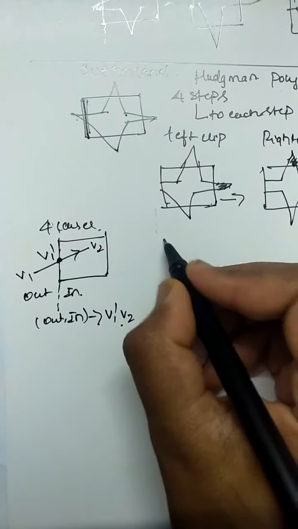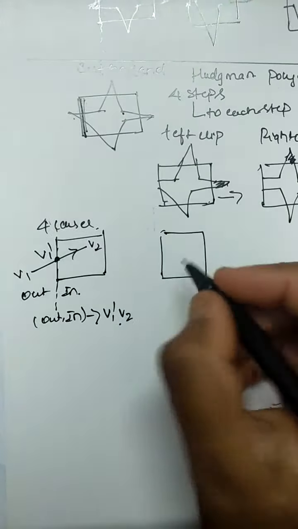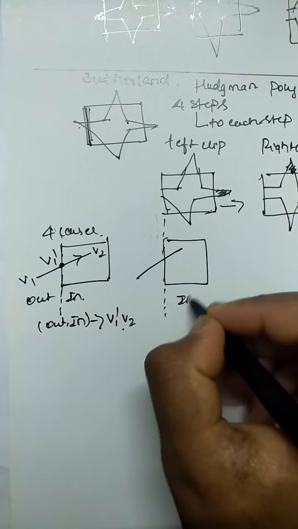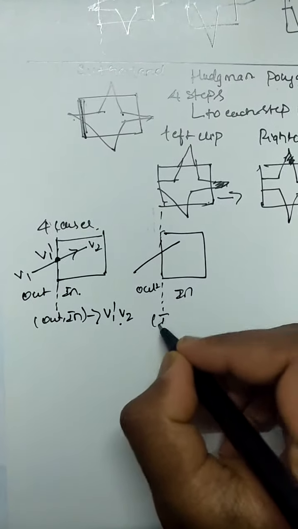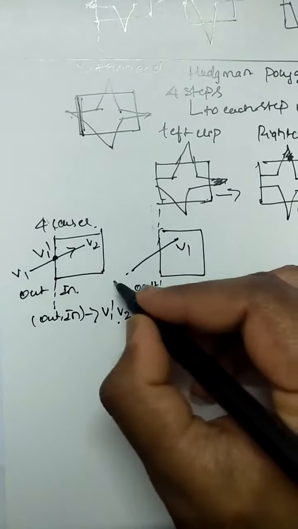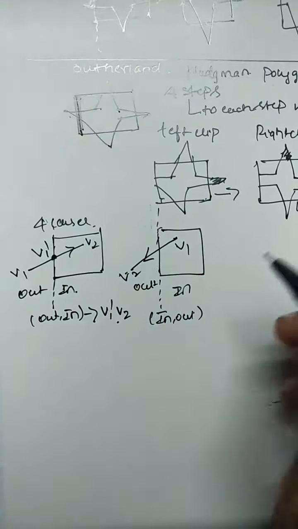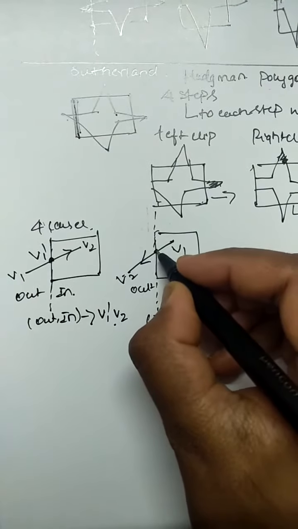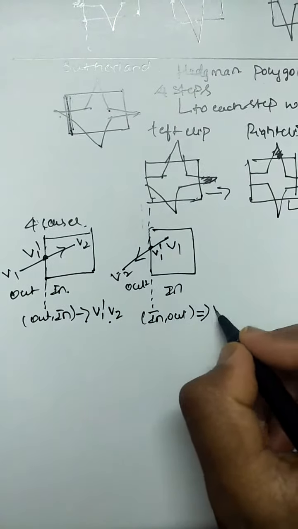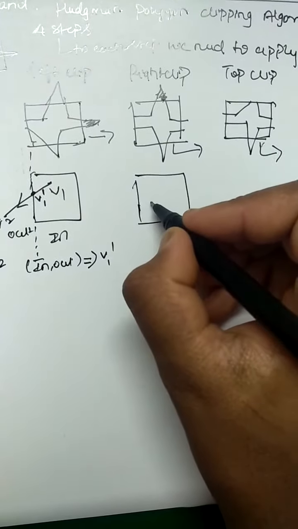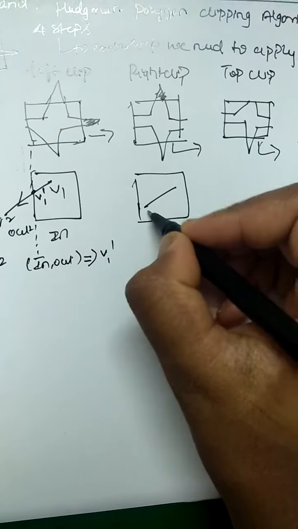If the edge is moving from inside to outside, that is V1 V2 in this way, the output will be the intersection point, that is V1 dash. Assume a case in which a line is falling inside the clipping window itself.